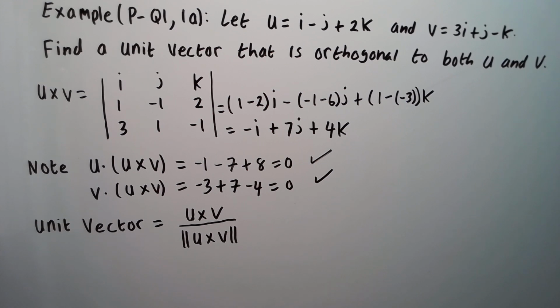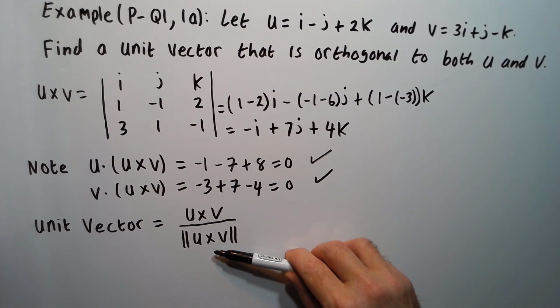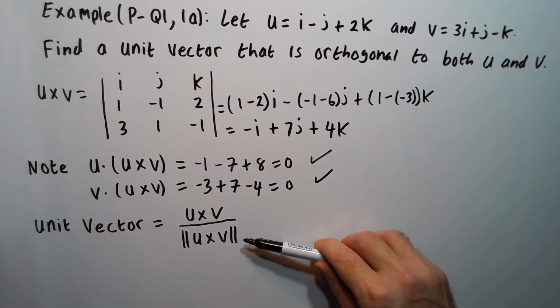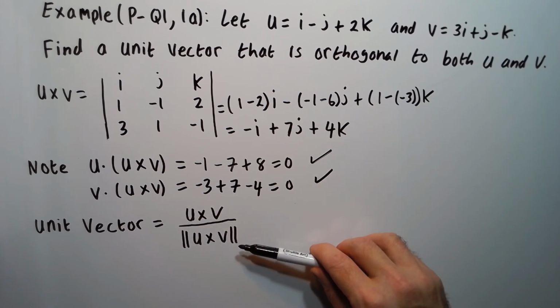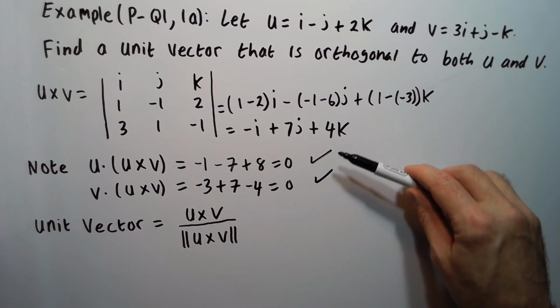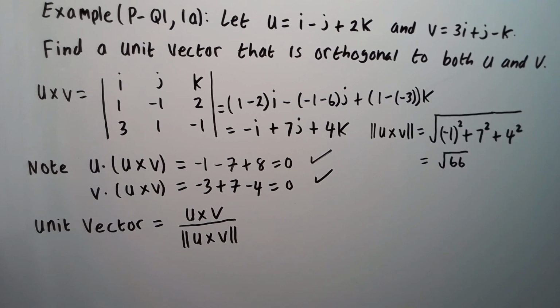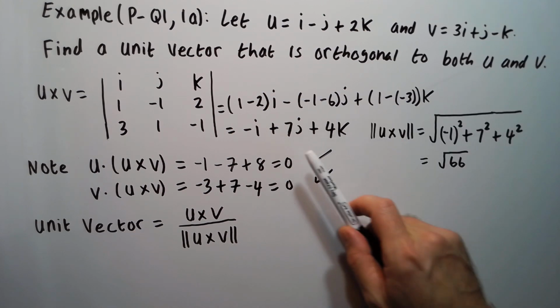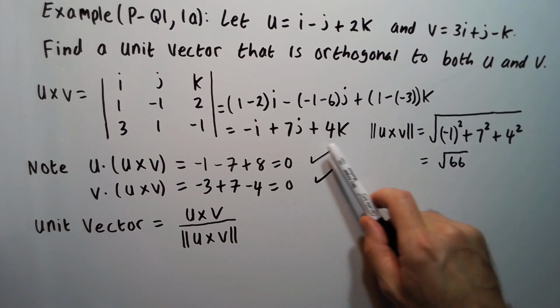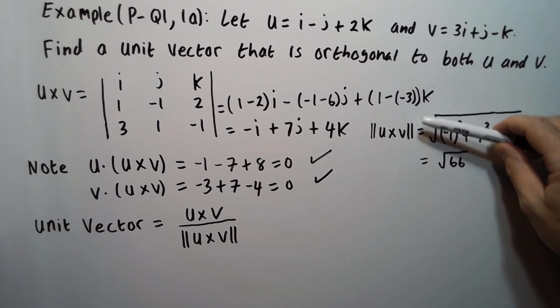The unit vector is just our vector divided by the magnitude of the vector. That will produce a unit vector, as we'll show in a second. So let's find the magnitude of u cross v. The magnitude is the first component squared, so minus 1 squared, plus the second component, 7, squared, plus the third component squared, square root of that.